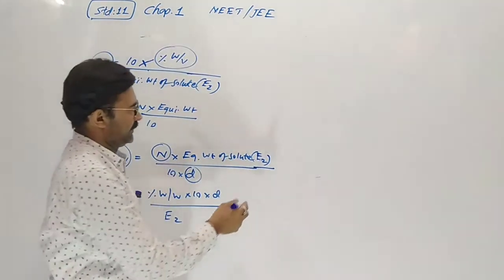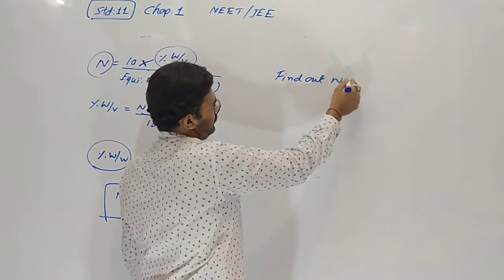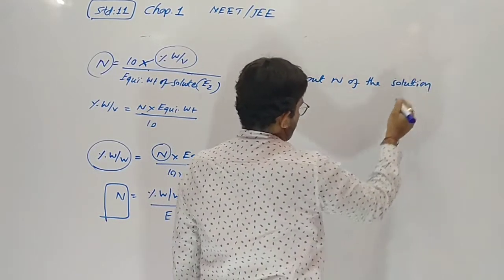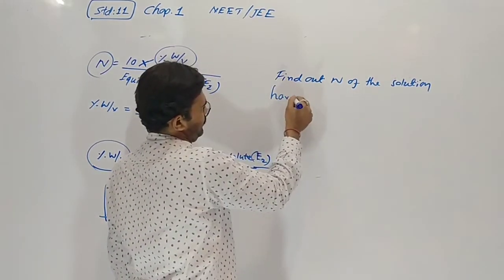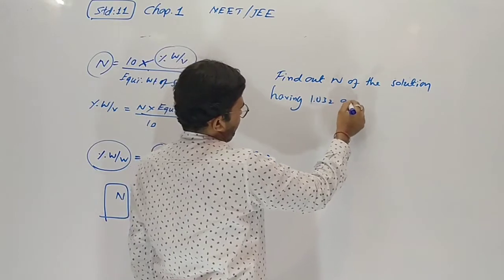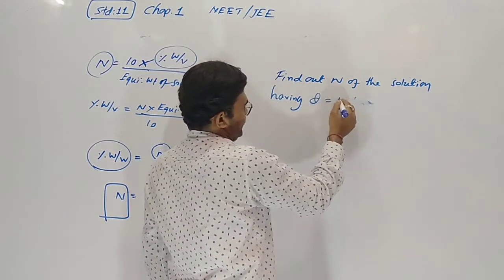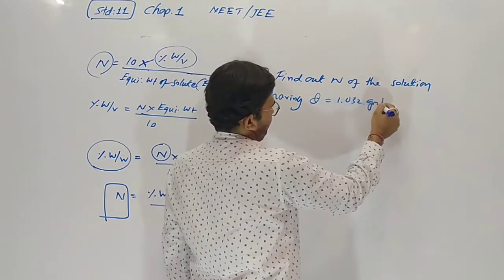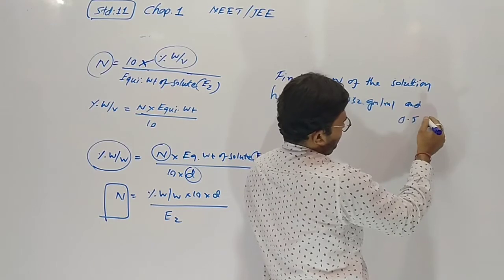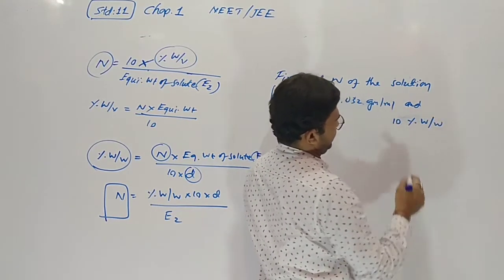Find out the normality of the solution having density 1.032 gram per milliliter and 10% weight by weight.